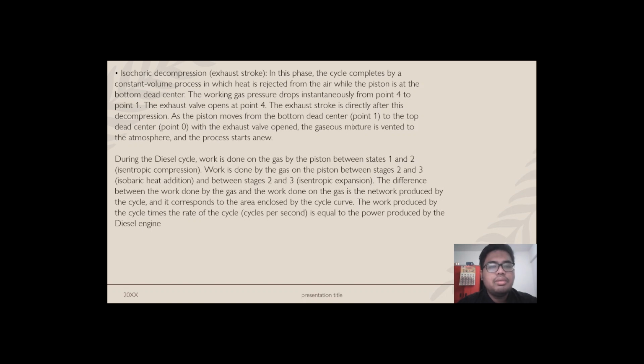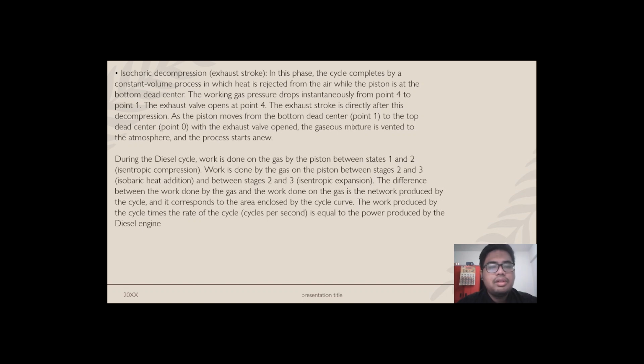During the diesel cycle, work is done by the gas. Work is done on the gas by the piston between state 1 and state 2, which is isentropic compression. Work is done by the gas on the piston between state 2 and state 3, which is isobaric heat addition, and between state 3 and state 4, which is isentropic expansion.